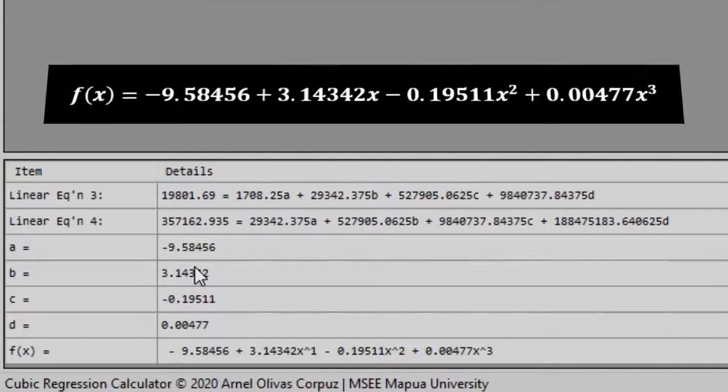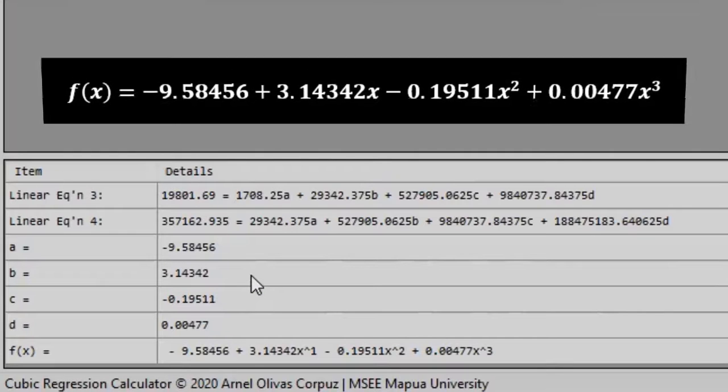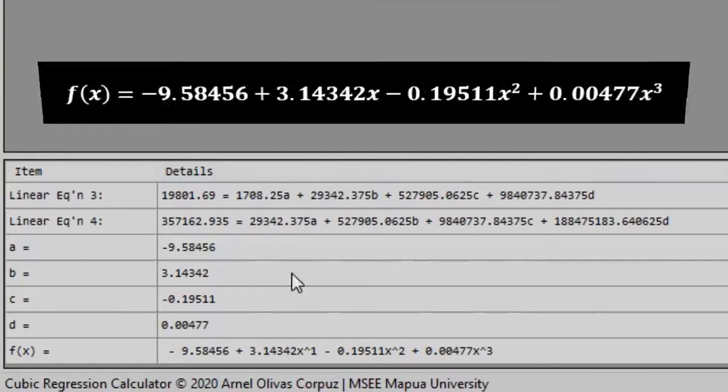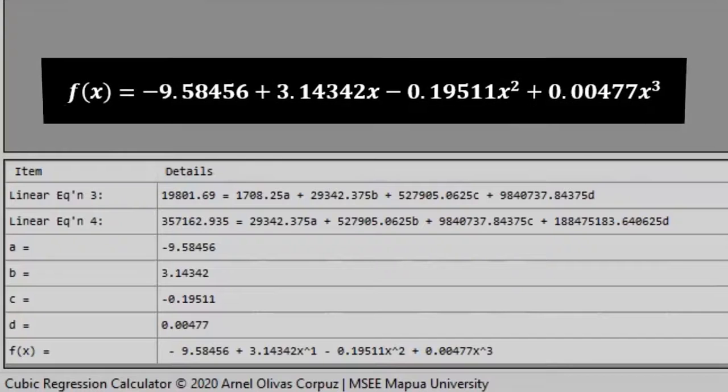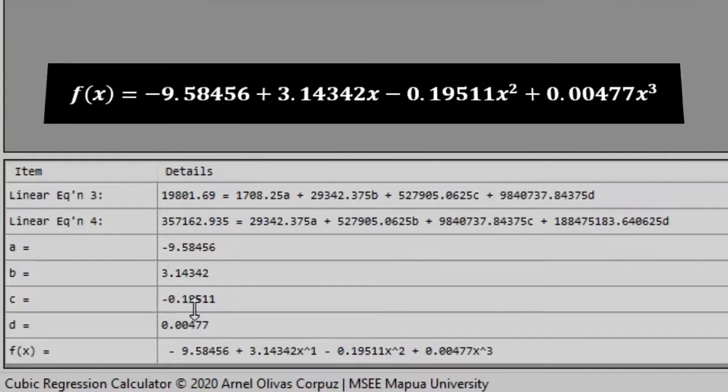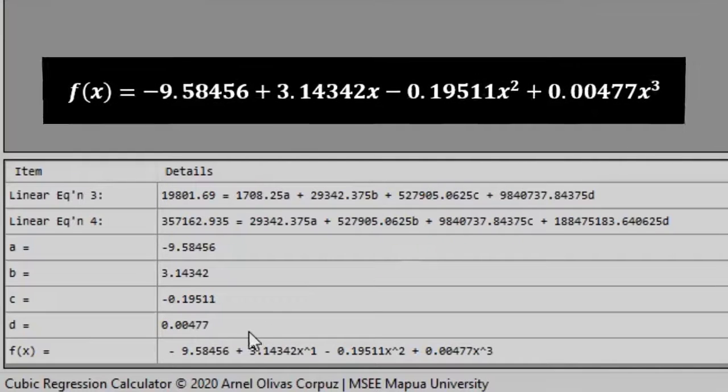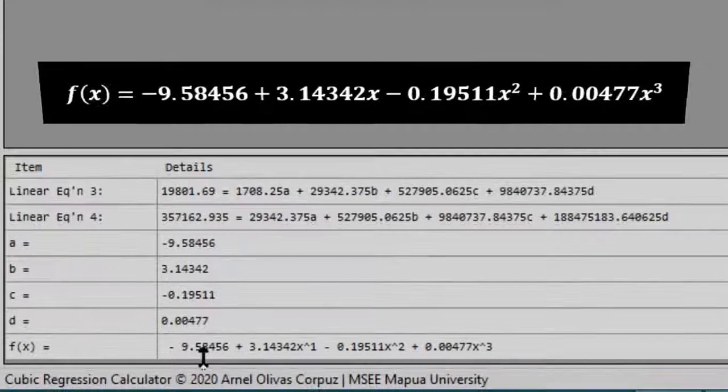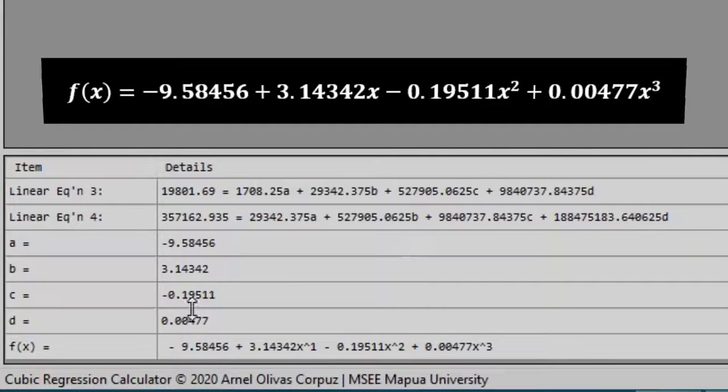So A is negative 9.58456. B is 3.14342. As was given here, the decimal digit is 5. And C is negative 0.19511, and D is 0.00477.